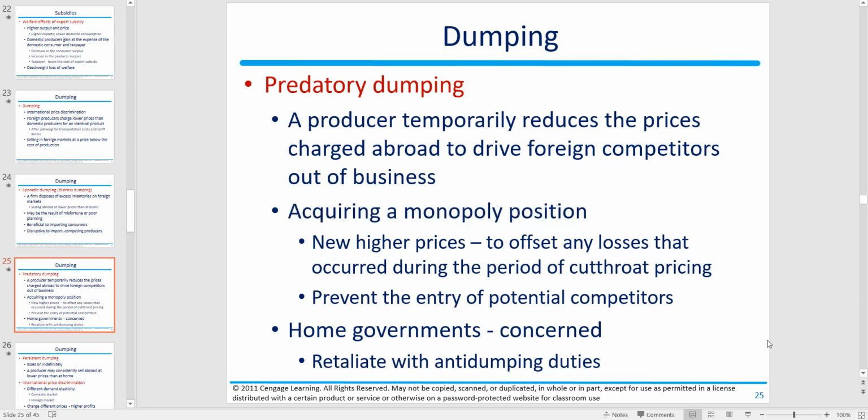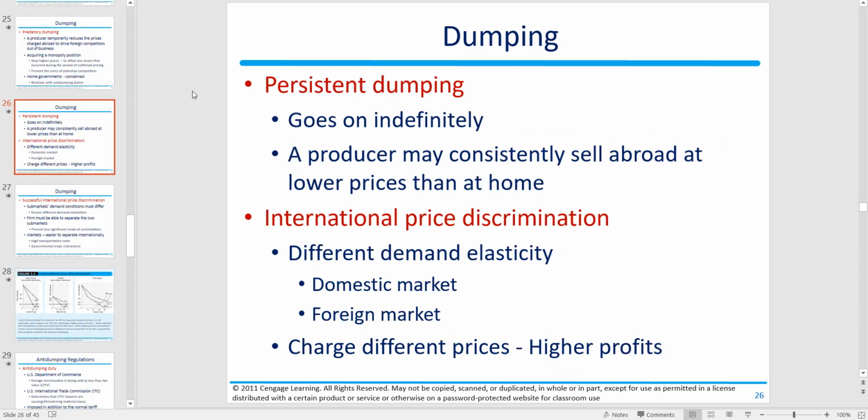So it will be like a tariff on that particular good from that particular company because it is engaging in predatory dumping activities in our nation. The third case of dumping is called persistent dumping, the one that goes on forever, constantly and permanently selling abroad at lower prices than at home. And this will be the worst form of it.